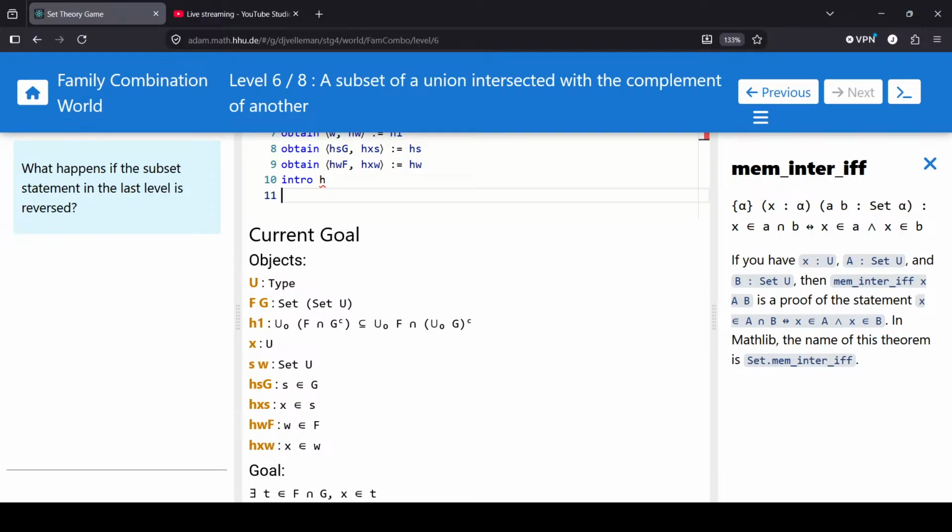Well, then I would have to make it intersect, right? If it's gonna be an intersection, then it has to be part of F, because that's what this says: F intersect G's complement.